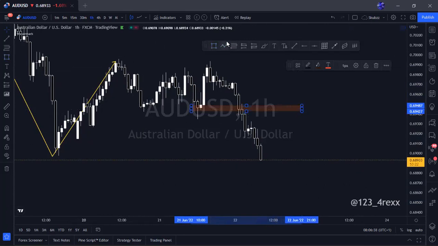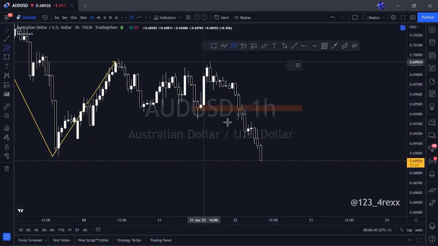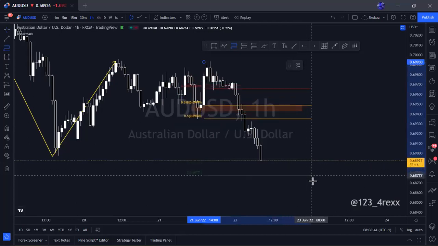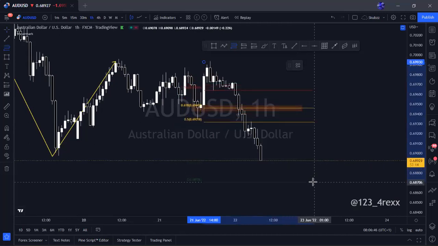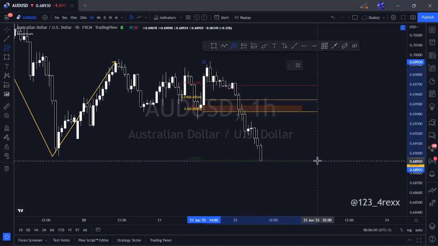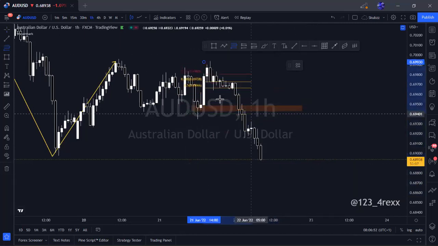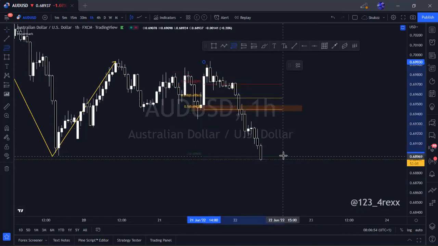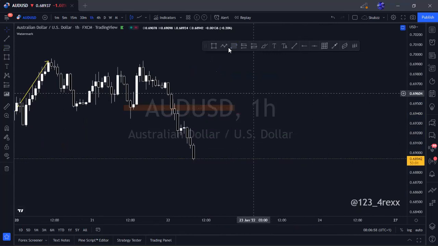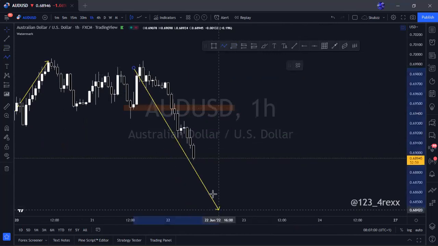Anytime the retracement starts, I'll still be including Fibonacci. And I don't think the retracement will be starting anytime soon. I expect something deeper, maybe around here, before the retracement starts. Anytime it starts, you can just drop your fib, align it with your point of interest, and see where we can catch the retracement. So that's basically what we have on AUD.